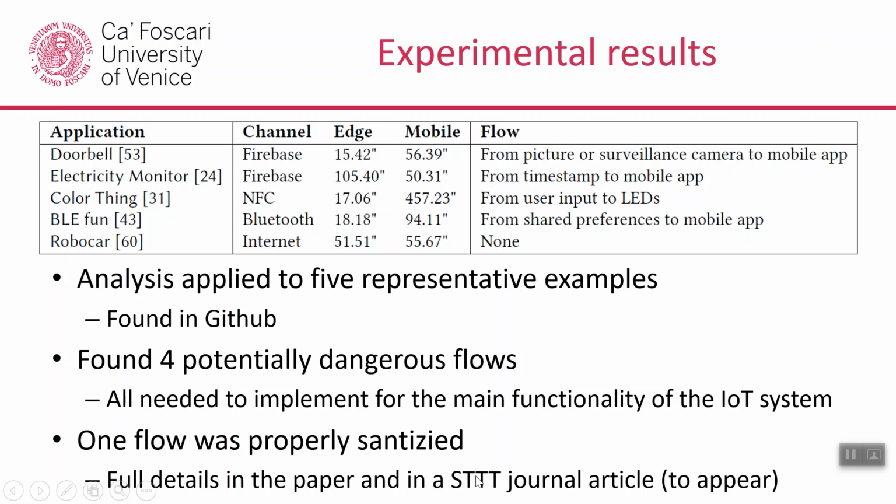We have submitted, and the paper has been accepted for publication in one of the next volumes of STTT. So the full details about the 5 experiments will be published there, as well as many other discussions, especially about the IoT top 10 listing made by OWASP.